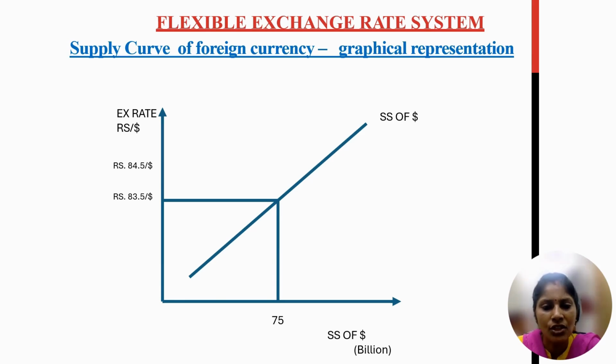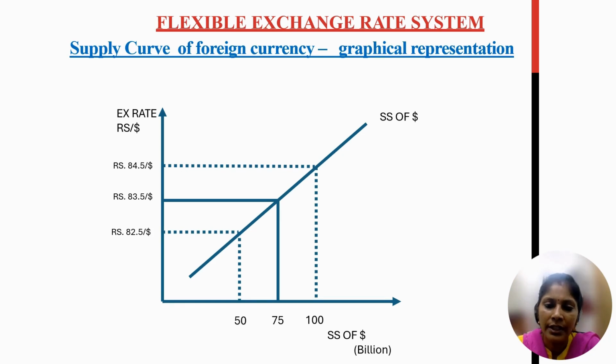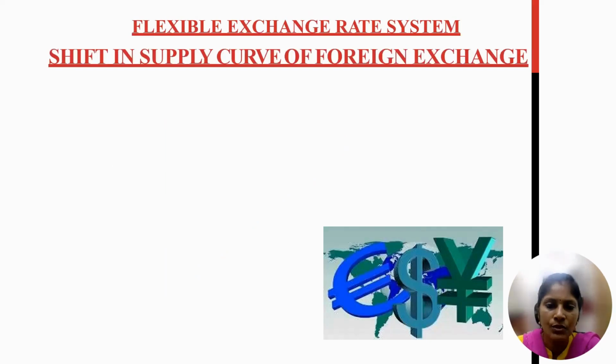When the exchange rate changes to 84.5 rupees per dollar, the supply of dollar increases to 100 billion dollars. And when the exchange rate is 82.5 rupees per dollar, the supply of dollar decreases to 50 billion dollars. This effect of exchange rate on the supply of dollar is better understood through a graphical representation.